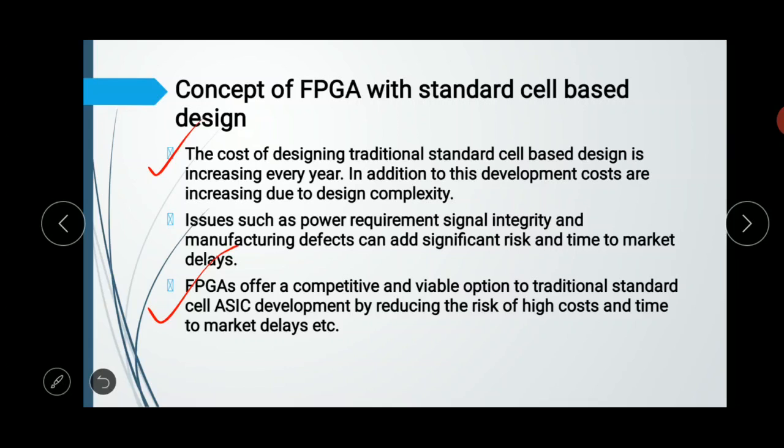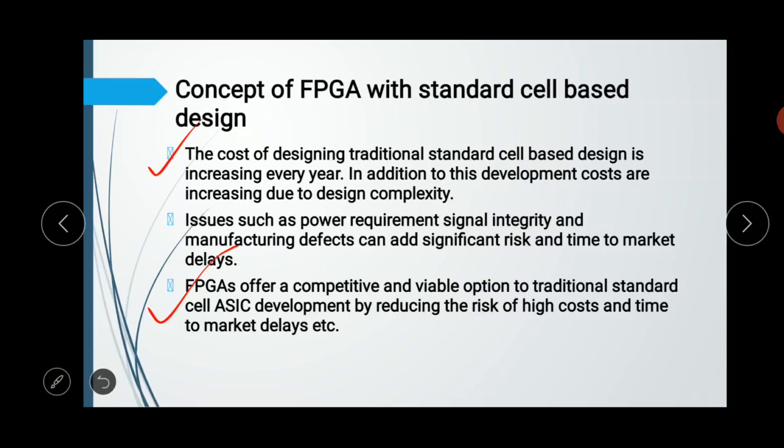With the device sizes and architectures that are available today, FPGAs can effectively implement systems that were once possible only in traditional standard cell-based design.